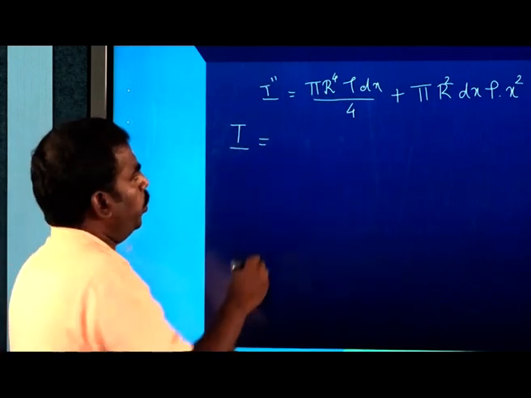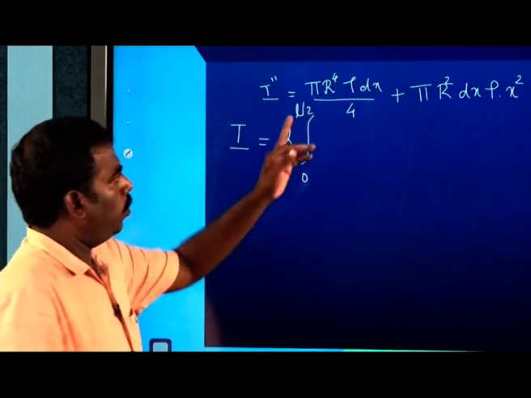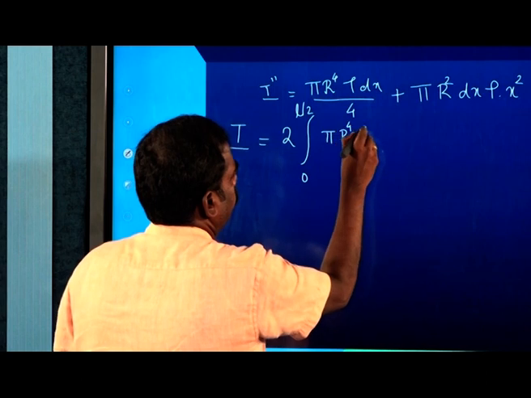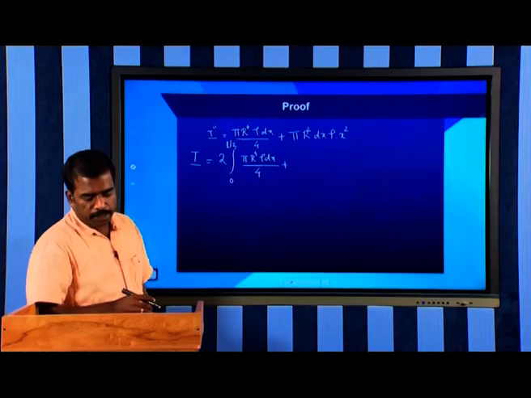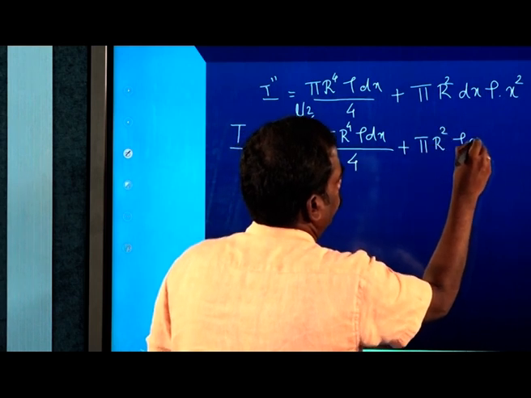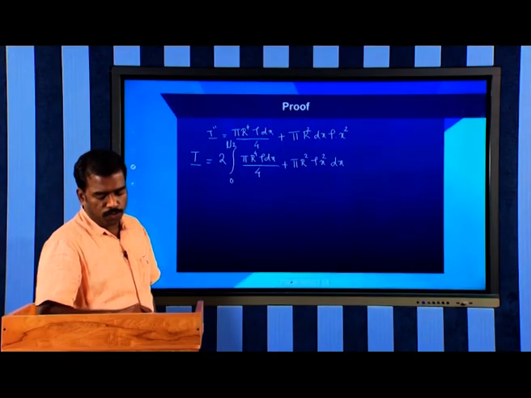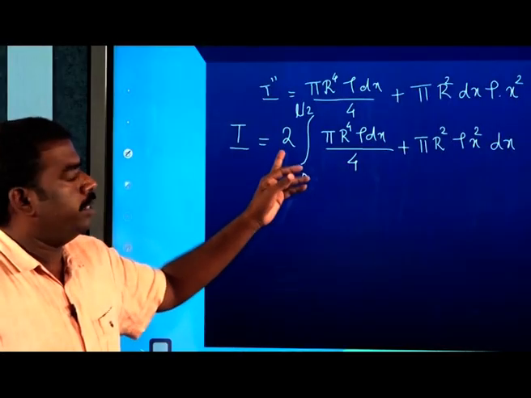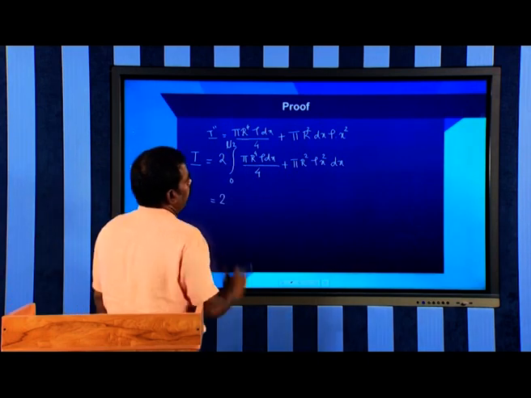It is given by 2 into the integral 0 to L by 2 of pi r raised to 4 rho dx by 4 plus pi r square rho x square dx.